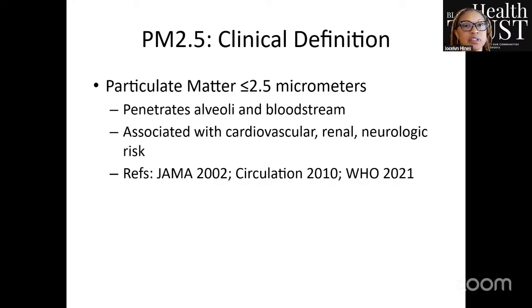The alveoli are the tiny little sacs on the inside of your lungs where the actual air exchange occurs, where it switches between the oxygen and the carbon dioxide so that the oxygen can get into the blood. And that is associated with increased risk of cardiovascular disease, renal disease, and neurological risk, according to an article in JAMA from 2002.